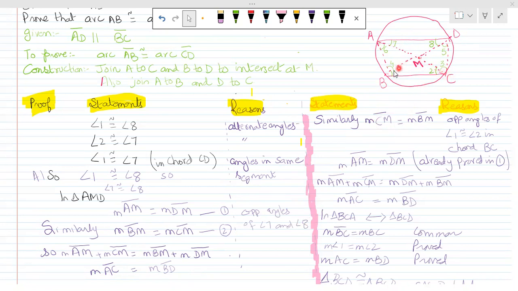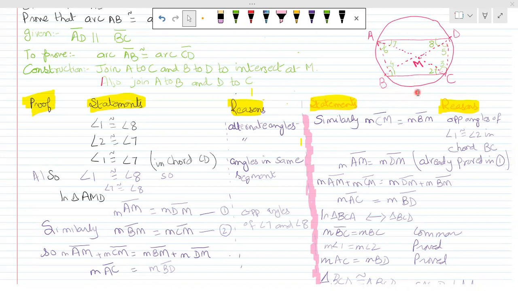CM is congruent to BM, because CM and BM are the opposite sides of angle 1 and angle 2, and angle 1 and angle 2 are equal angles on the chord BC. If you look at the chord BC, starting with B and ending at C, you get angle 1 and angle 2 as congruent.